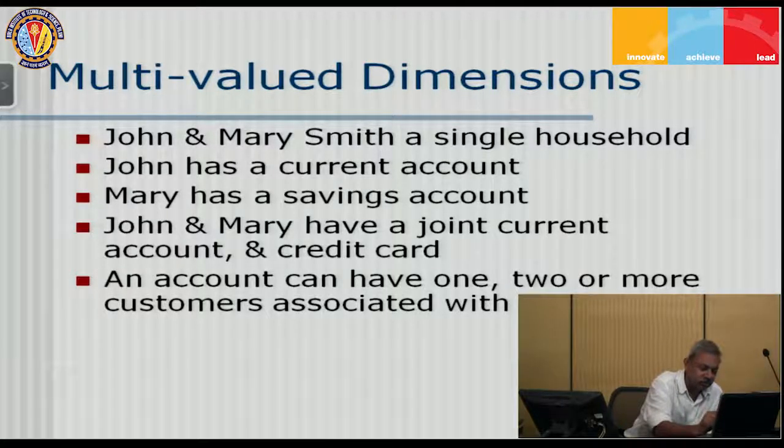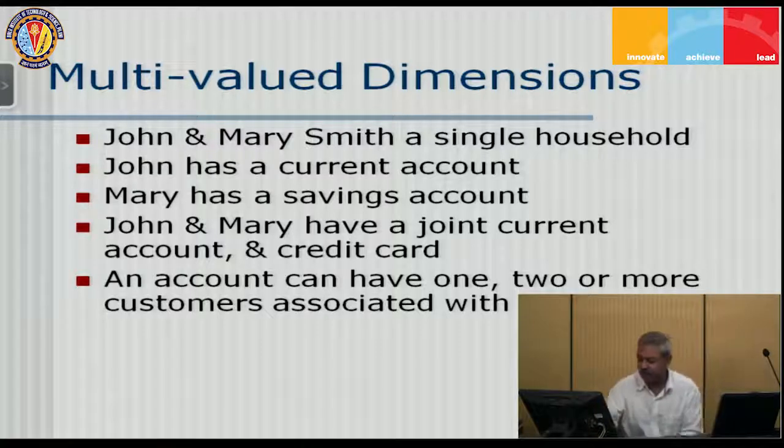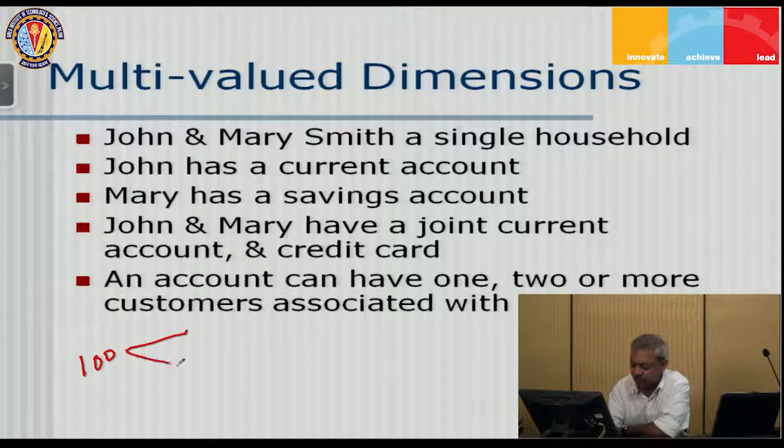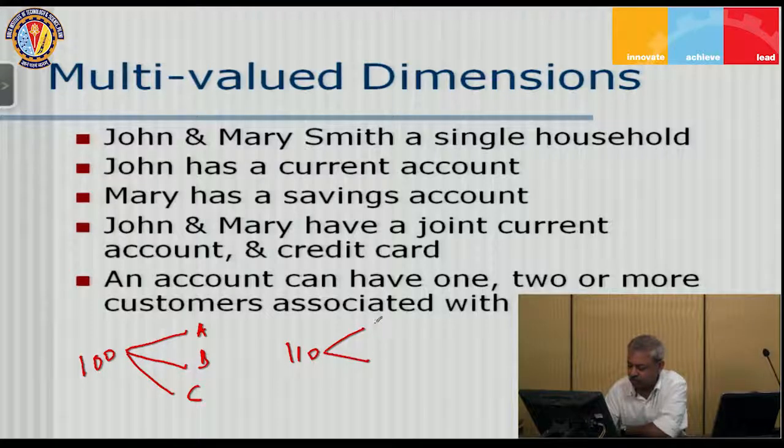Say I have a joint account, and my account number is 100. I'll have A account holder, B account holder, and there are 3 account holders. If there is another account, there can be only 2 account holders, A1 and B1.